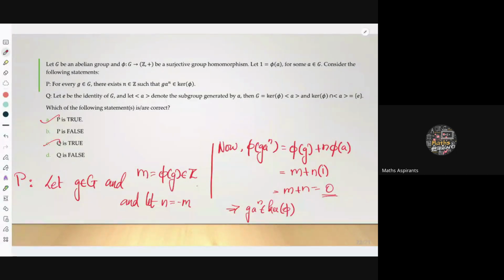Did we use the assumption that G is abelian? I personally don't see where we have used the property that G is abelian.